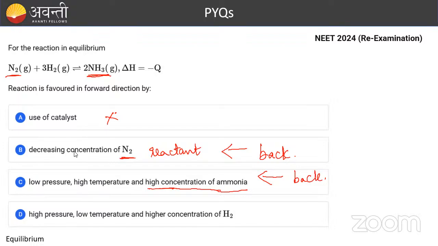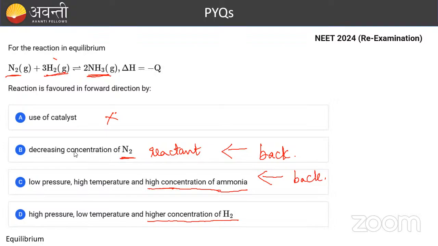Then coming to option D, by increasing the pressure at high pressure and low temperature and high concentration of H2. H2 is the reactant.